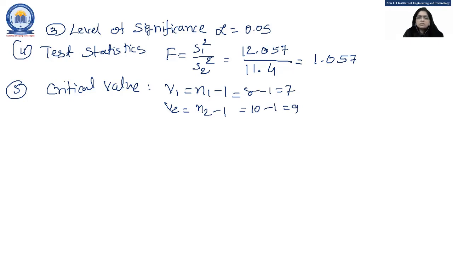As here S1 square is in the numerator, so for F, first we apply V1, then V2. If S2 square is in the numerator, then we apply F with V2, V1. Okay, so here F 0.05, my V1 is 7 and V2 is 9. So from the F table, the value is 3.29.